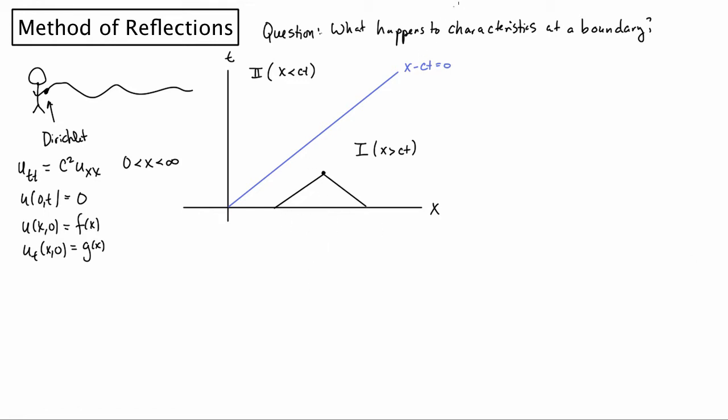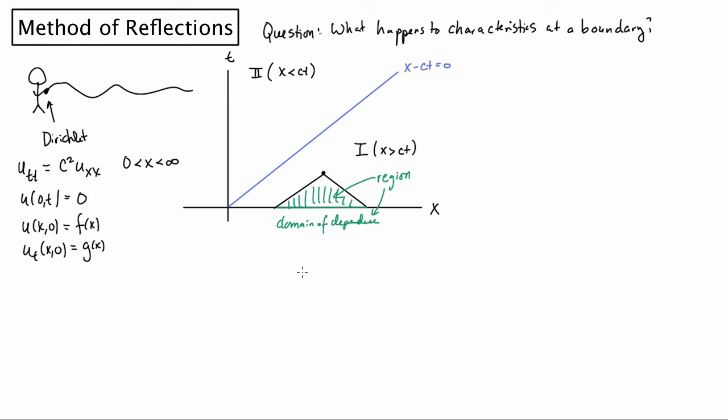Remember, the definitions in the book for these terms: this interval is called the domain of dependence. The region of influence is something a little bit different. We'll talk about that if we get a chance. But the point is that entire region stays in region 1, if you will.